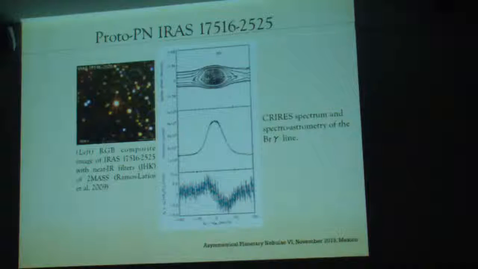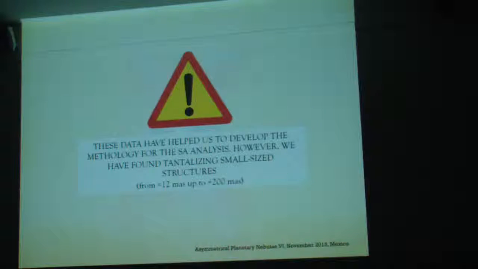As for the protoplanetary nebula IRAS 1751, we have here the Spitzer image, and we have the broad line of bracket gamma, single peaked line profile, and this structure that could be really suggestive. But again, warning, because these commissioning data have helped us to develop the methodology for the spectrometric analysis.